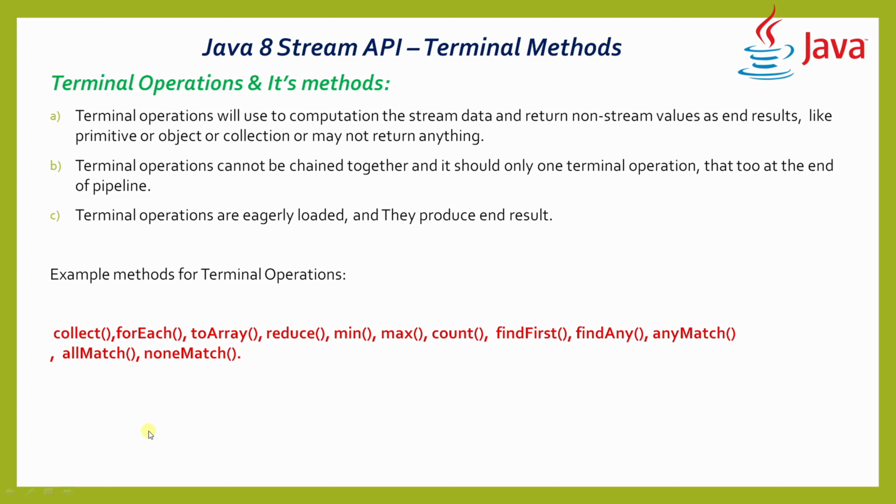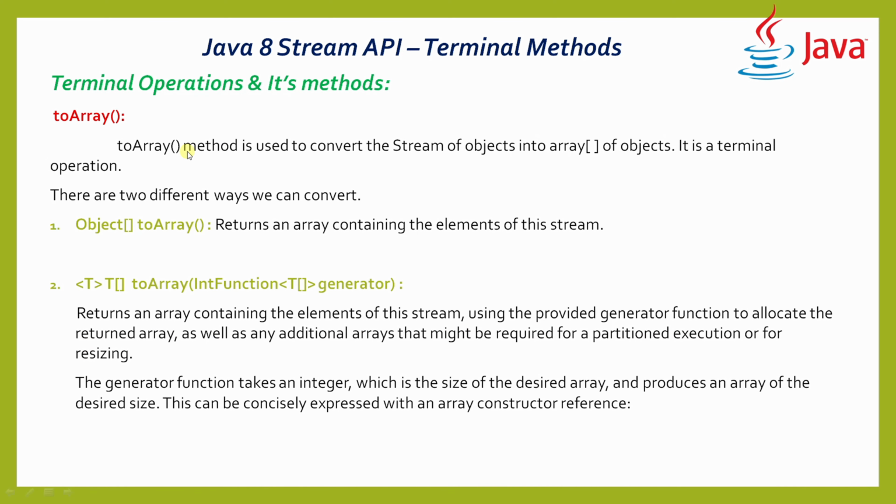We will see the examples, but focus on this. In this video I'm going to cover toArray. The toArray method is used to convert a stream of objects into an array. In our collections we know we can convert between arrays and collections using Arrays.asList and toArray, like that.